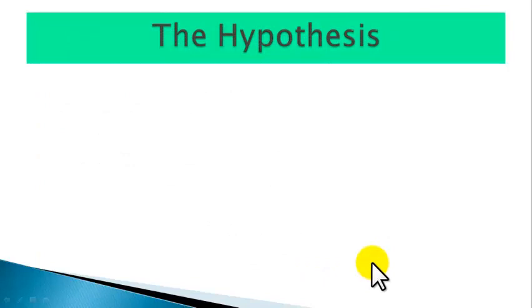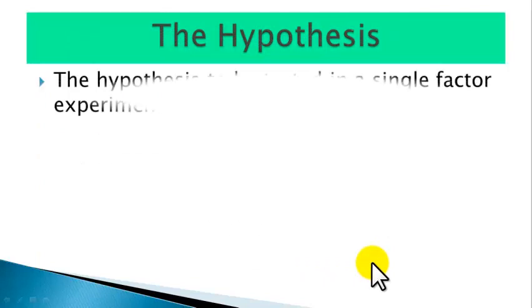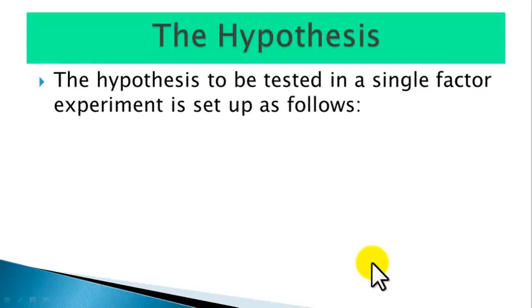The hypothesis. The hypothesis to be tested in a single factor experiment is set up as follows. H naught: tau j is equal to 0 for all j.